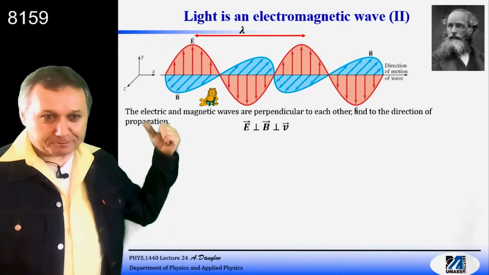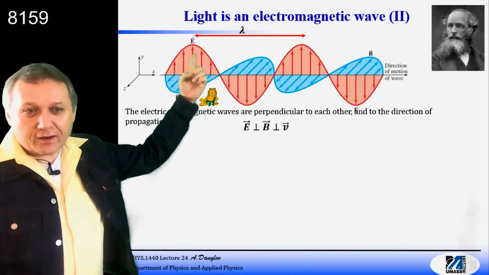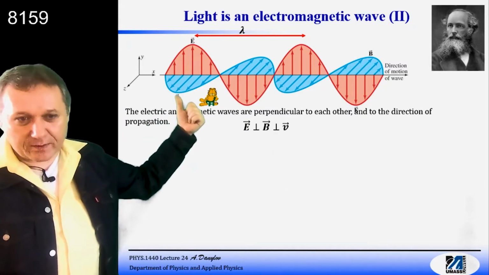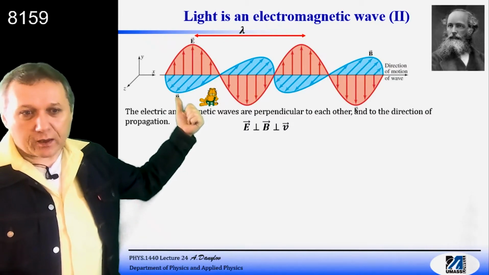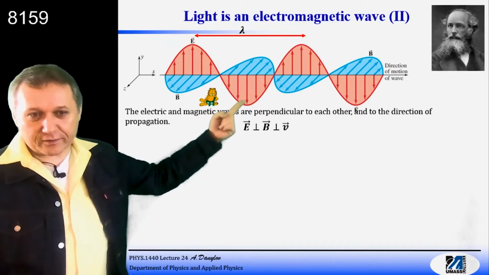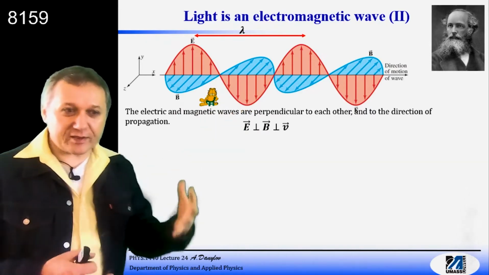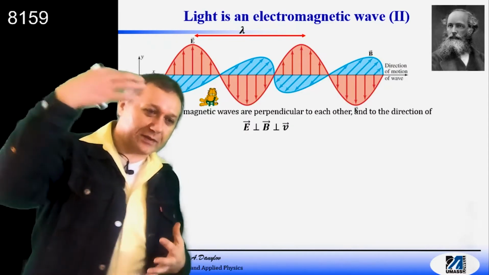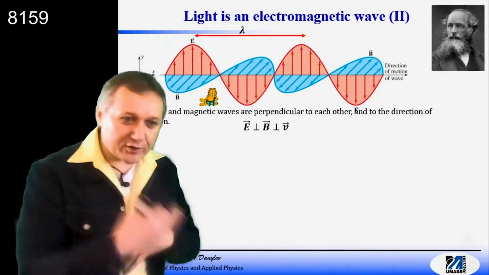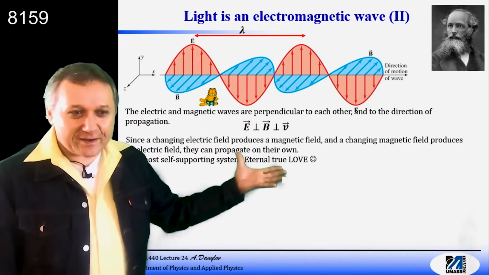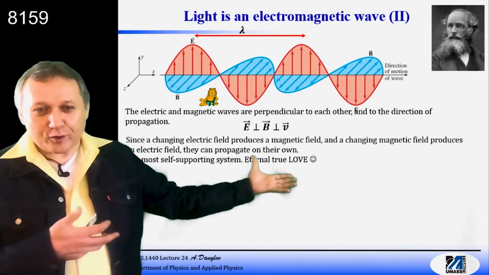Then, what else? The electric field reaches maximum at the same moment and at the same point as the magnetic field. They reach zero at the same point. They reach minimum at the same point. Basically, this couple, electric field and magnetic field, share ups and downs. They regenerate each other. It's the example of, I don't know, eternal true love.